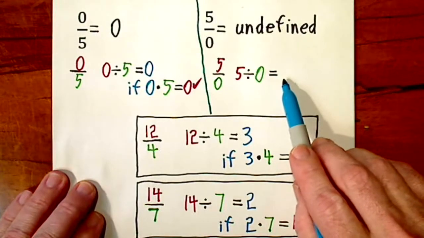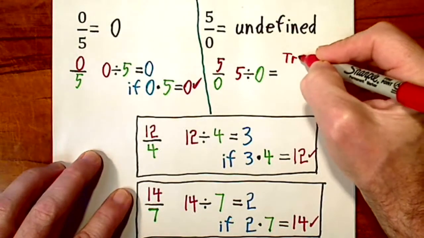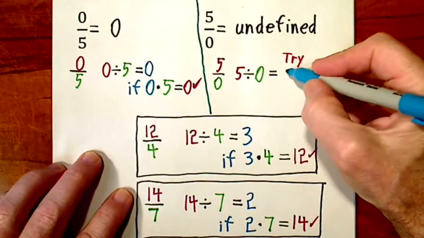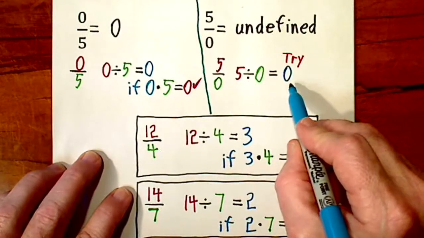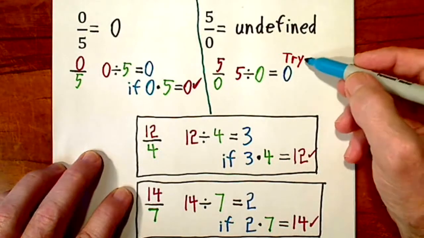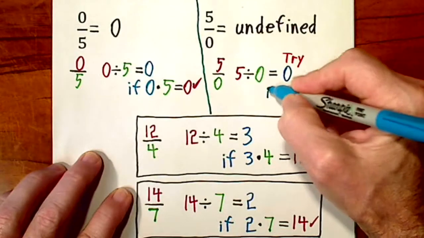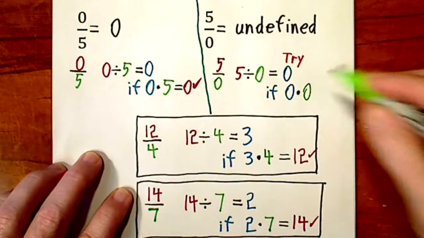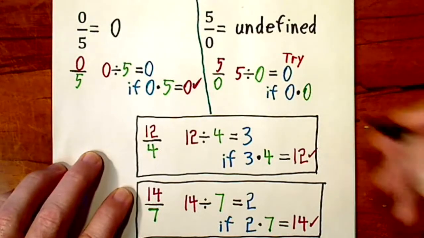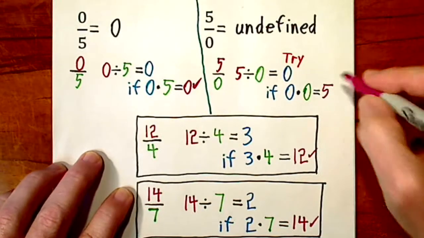And I say the answer is undefined, but if you want to try a 0, I have to emphasize we're trying this because this is not a correct statement, but I'm going to try to show you why it's not correct. 5 divided by 0 equals 0 if 0 times this number 0 equals this number 5.